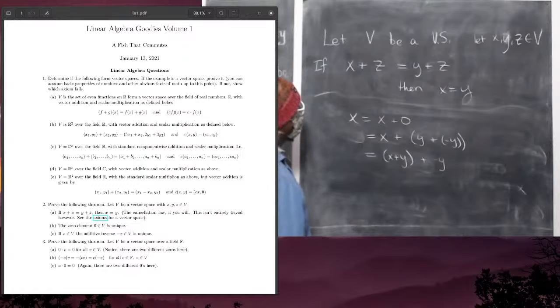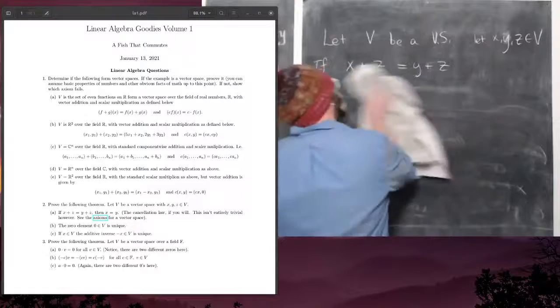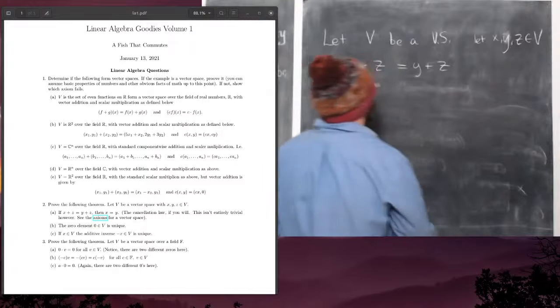Wait, why is that helpful? Back to the notes. Oh. Alright. Yeah, I don't know. I just realized this is the thing we want to fiddle with, not x or y.